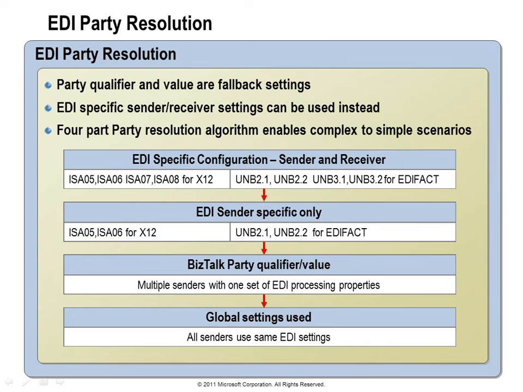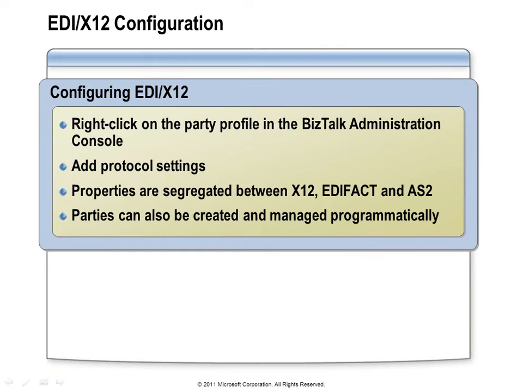And then it falls back to the BizTalk party information, or might have multiple senders that just have a common set of EDI processing. And finally, it'll fall back to those global settings if it can't figure out who the particular party is that sent this information.